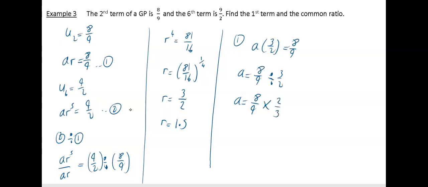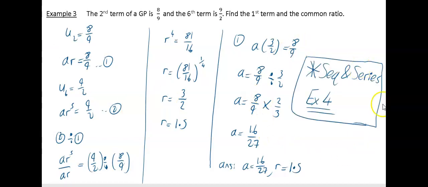We cannot do any cancelling down. We can just multiply along the top and get 16, multiply along the bottom and get 27, and that's it. Okay, tidy it up for the examiner. Your answer, a is equal to 16/27, and your r is equal to 1.5, and I will just leave it as 1.5.